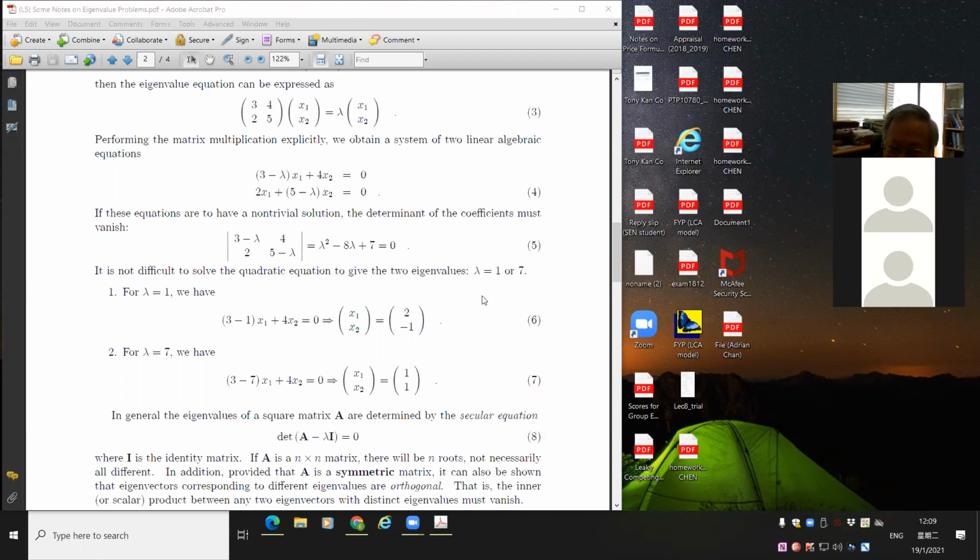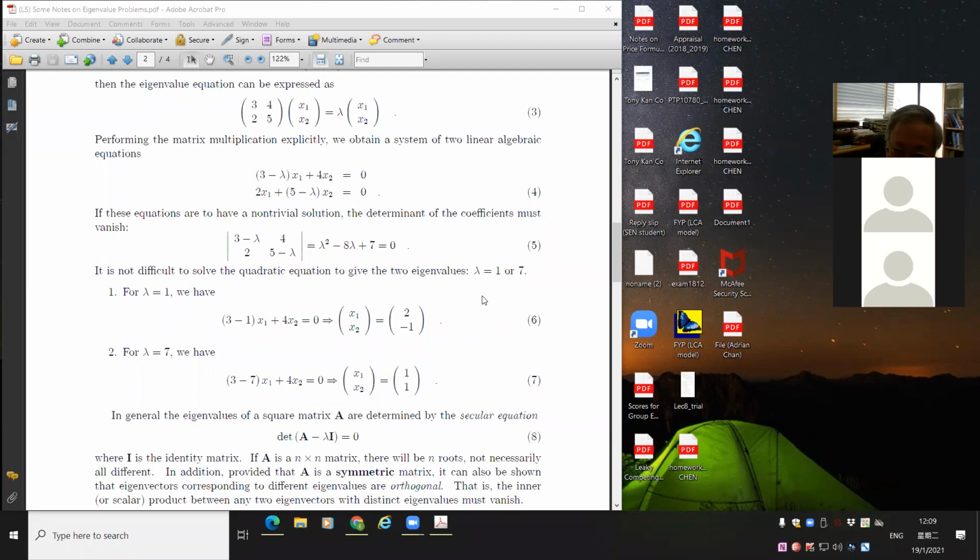Yeah, that is a good idea, and work on the others during the exam. Don't waste time. Yes. So any suggestions? If we have 4x4, that means we have a quartic equation. Any suggestion?